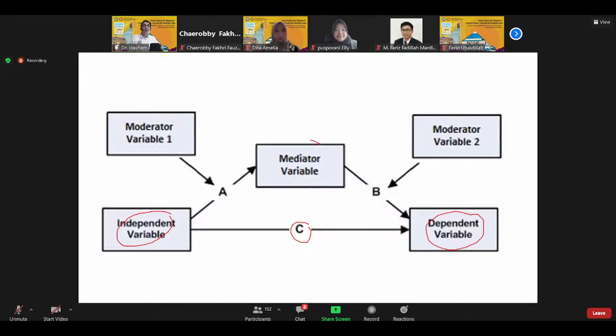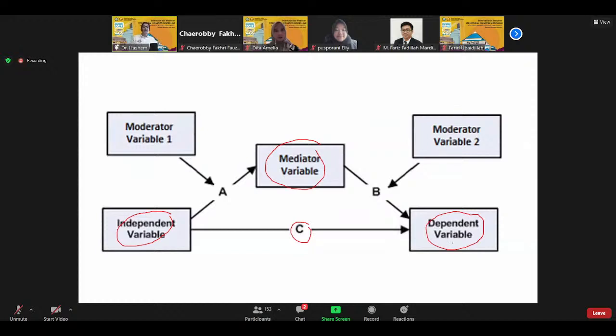There is another variable which is called mediator, which sits in the relationship between the independent and dependent variable.